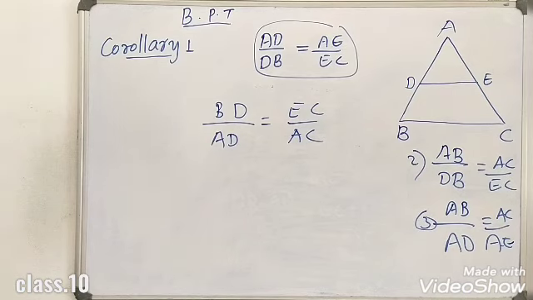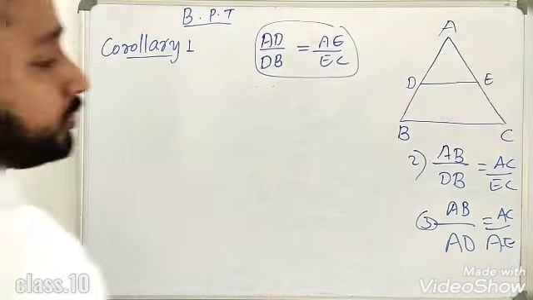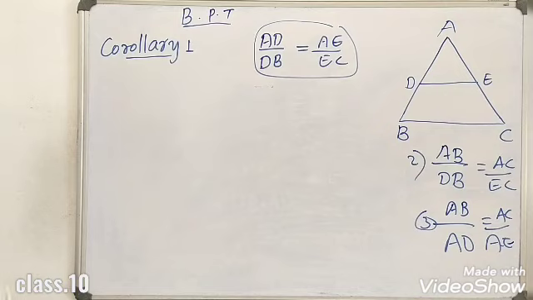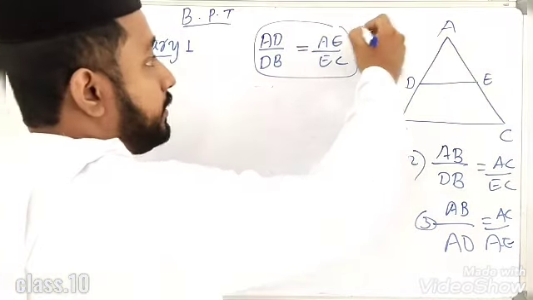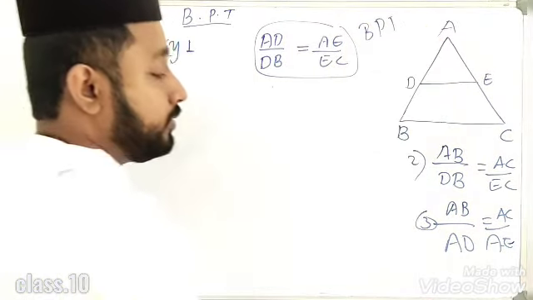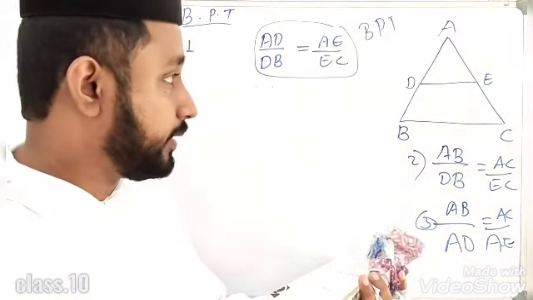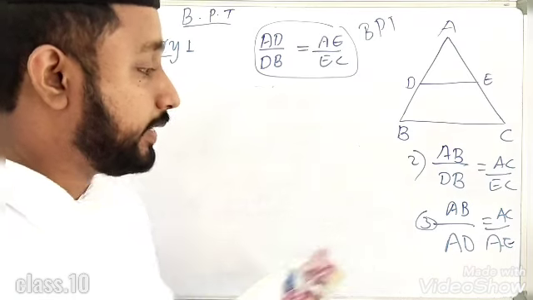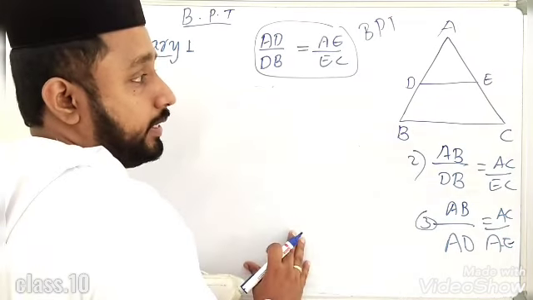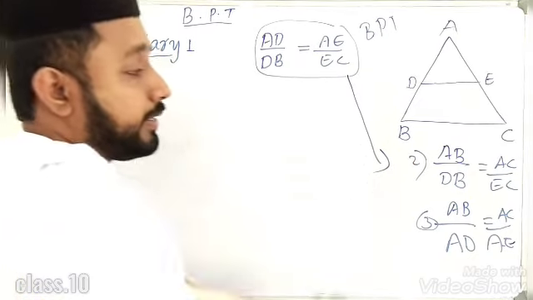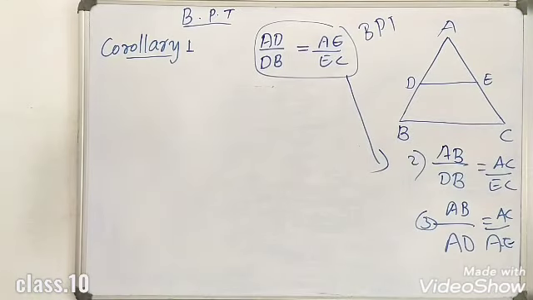So mainly we have to study these three. AD by DB is equal to AE by EC, that is BPT. These are the two corollaries. Another corollary is DB by AD is equal to EC by AC. We can take them in any order. From this, the main result is AD by DB is equal to AE by EC, that is BPT.